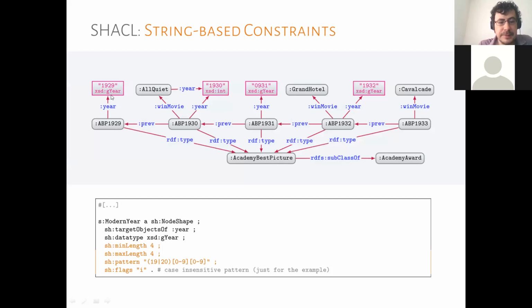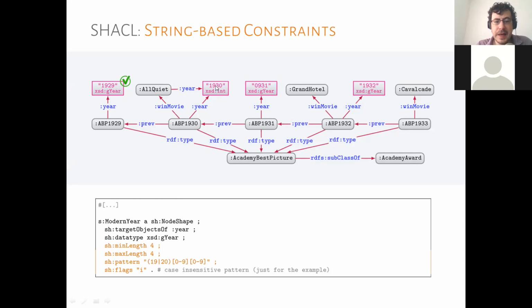In this case, we're going to look at the years, the lexical value, and check that it has length 4. That's the case here, and it matches the pattern of starting with 19 or 20 and having two numbers, which is fine. So this year looks okay. Note that we're targeting the objects of year, so we're directly targeting the year nodes, the literals themselves.